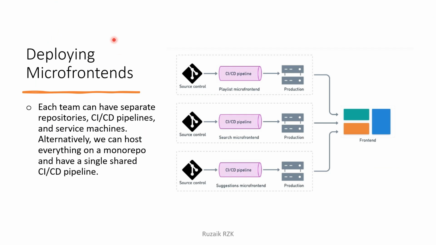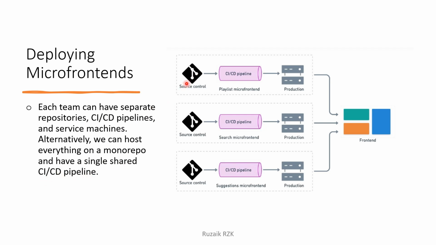So, deploying micro frontend. Okay, each team can have a separate repository, CI/CD pipelines, and service machines. Or alternatively, we can host everything in a monorepo and have a single shared CI/CD pipeline.